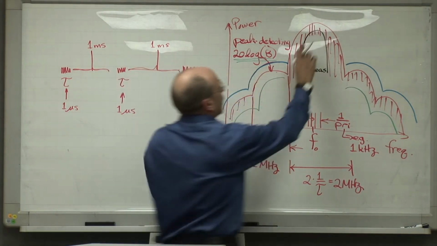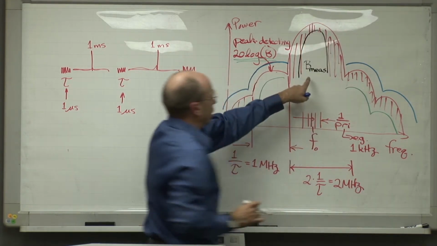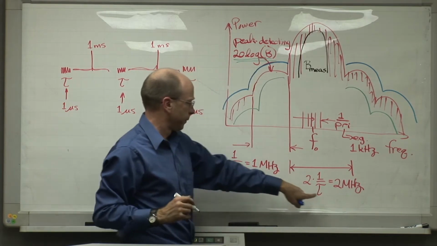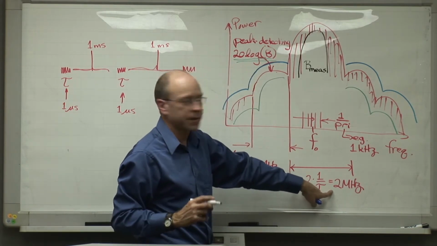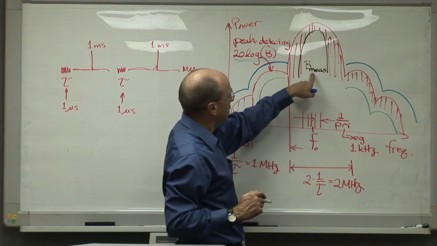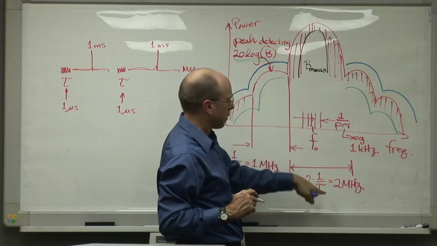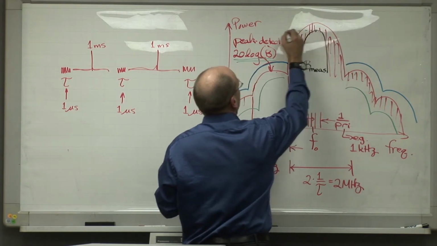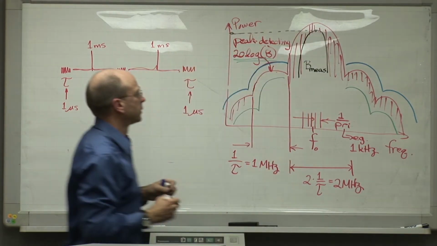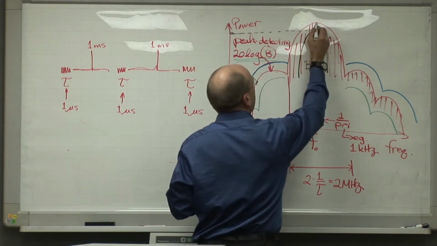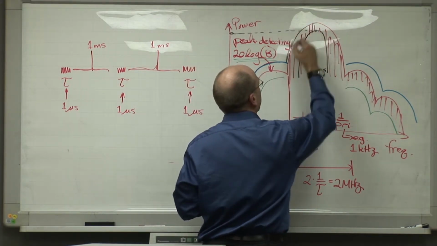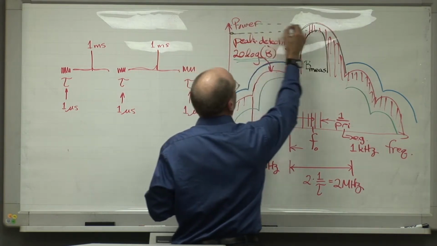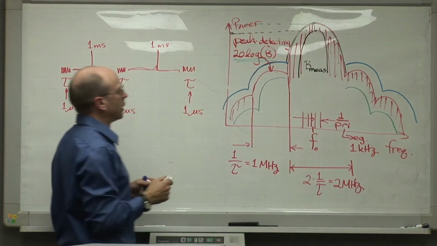We start off with some B sub mes, which is less than the width of this lobe, which for our example here is say 2 megahertz. So we start off with some B sub mes that's substantially less than about 1 over the pulse width. We measure some power level, and we can draw that power level over here like that. Then we widen our measurement bandwidth out until it about equals the width of this lobe right here.